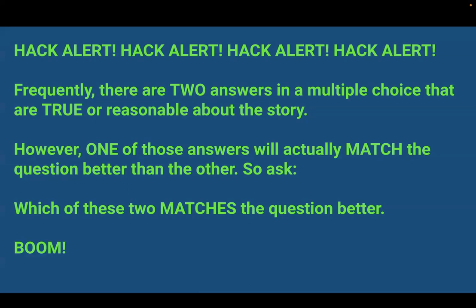So ask which of these two matches the question better, not which is most true for the story or which is a more powerful moment in the story. Make sure you're really answering that question. Look for those keywords in the question and the keywords in the answer selection or the evidence you're choosing. So that's just a hack. Make sure it feels very matchy-matchy.